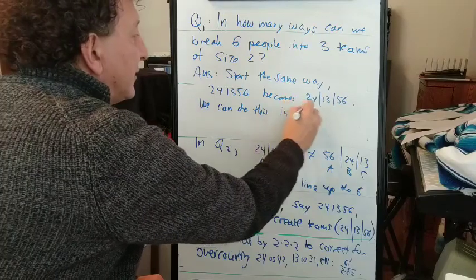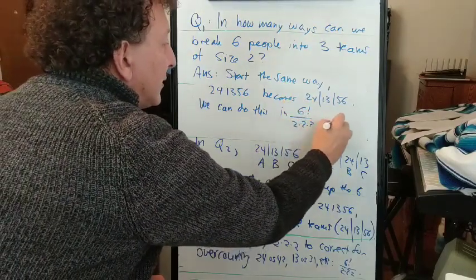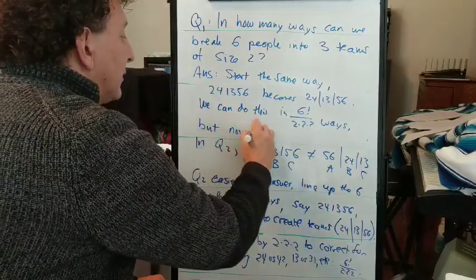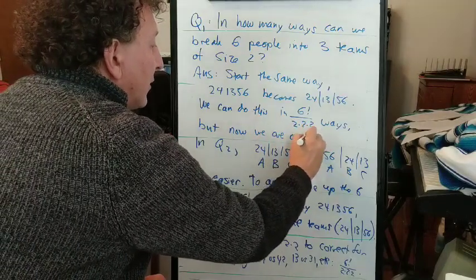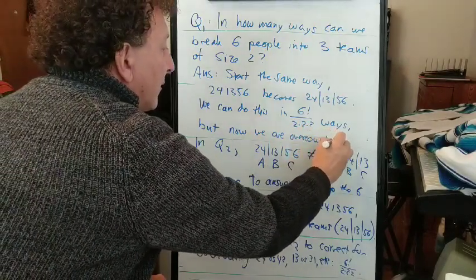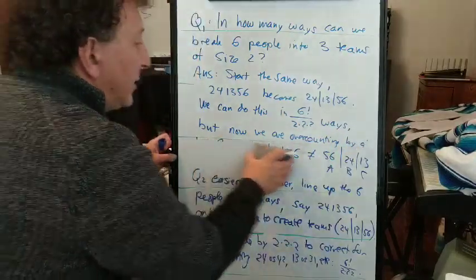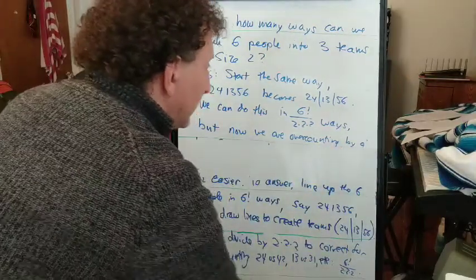So we can do this in 6 factorial over 2 times 2 times 2 ways. But now we are overcounting by a factor of 6.